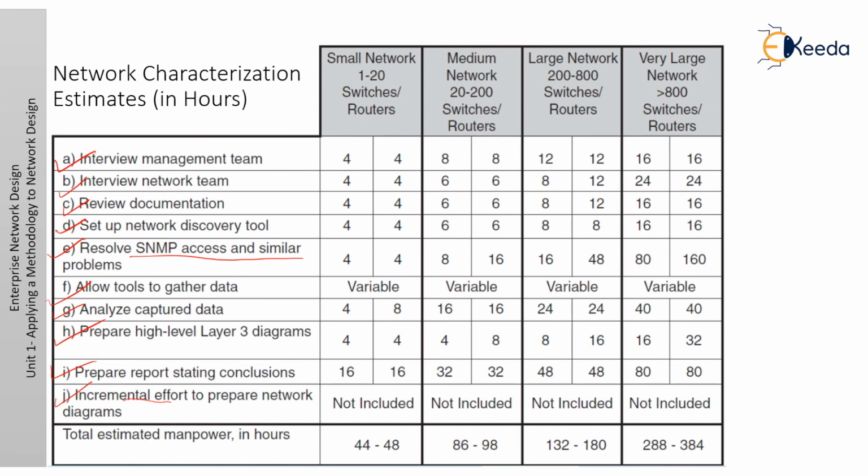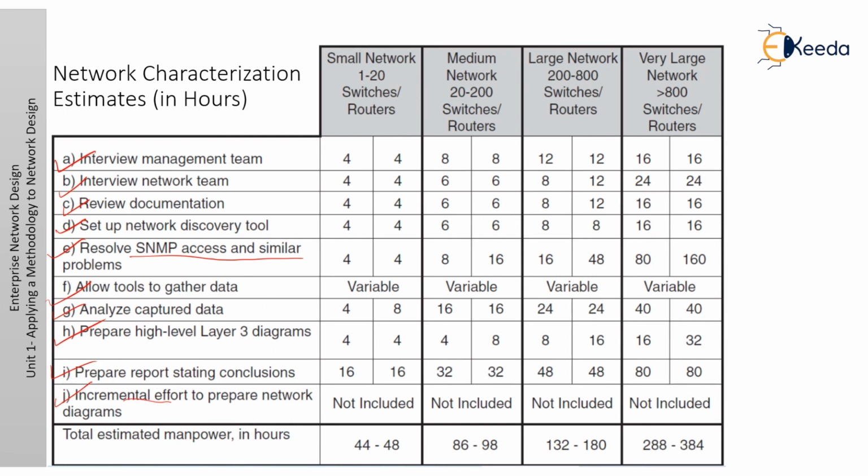The estimates do not include time needed to prepare detailed network diagrams if the customer does not supply them. Consequently, network characterization typically takes from one to many weeks of effort depending on the size and complexity of the network and other factors mentioned in the beginning.